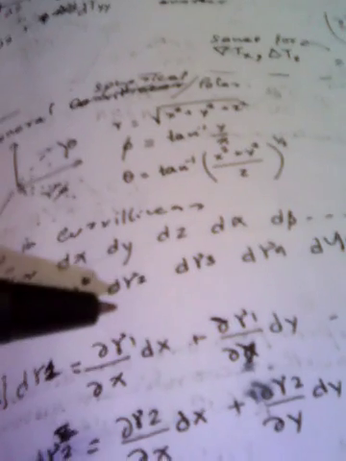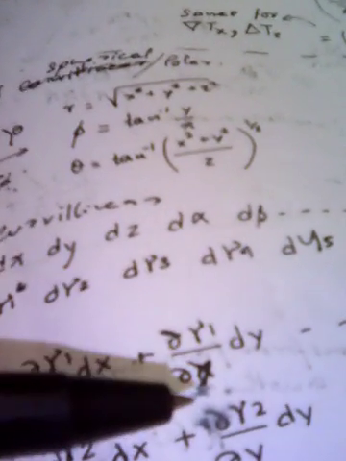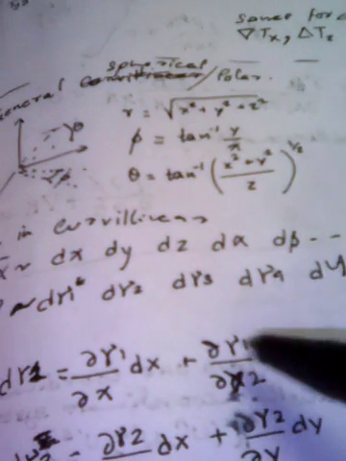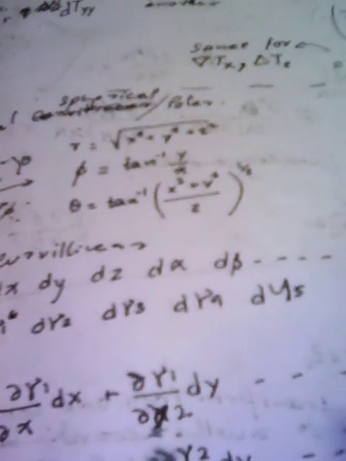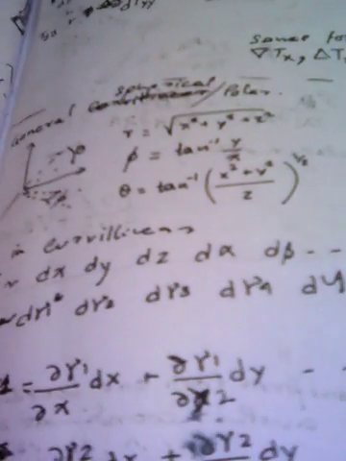So this dy1 can go from dou y1 upon dou x1 into dx1, then dou y1 upon dou x2 into dx2, and same way dou y1 upon dou x3 into dx3 and all that till the d dimensions.